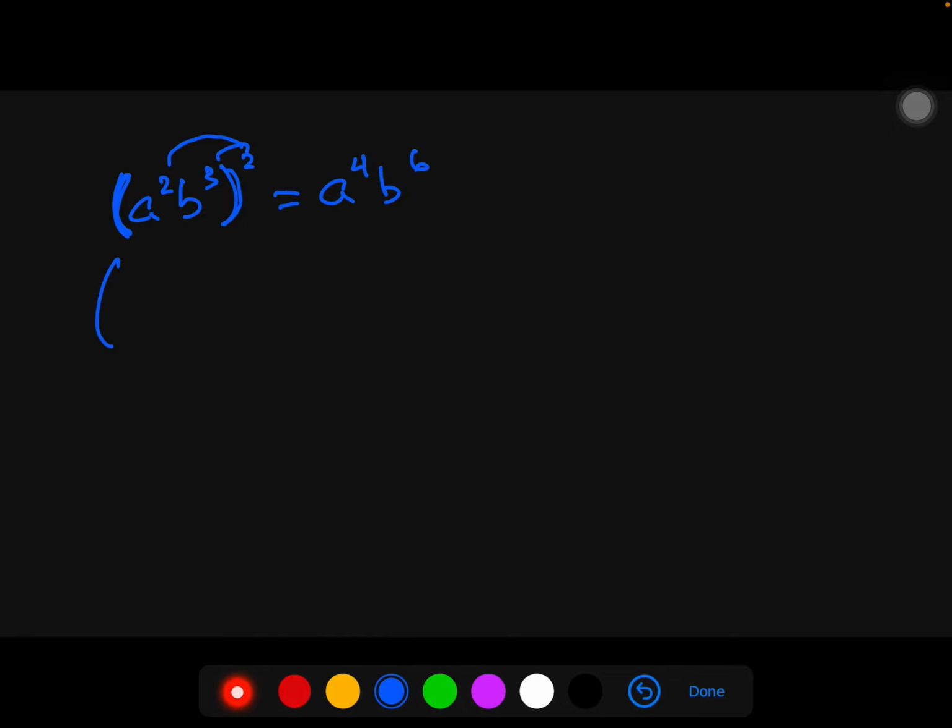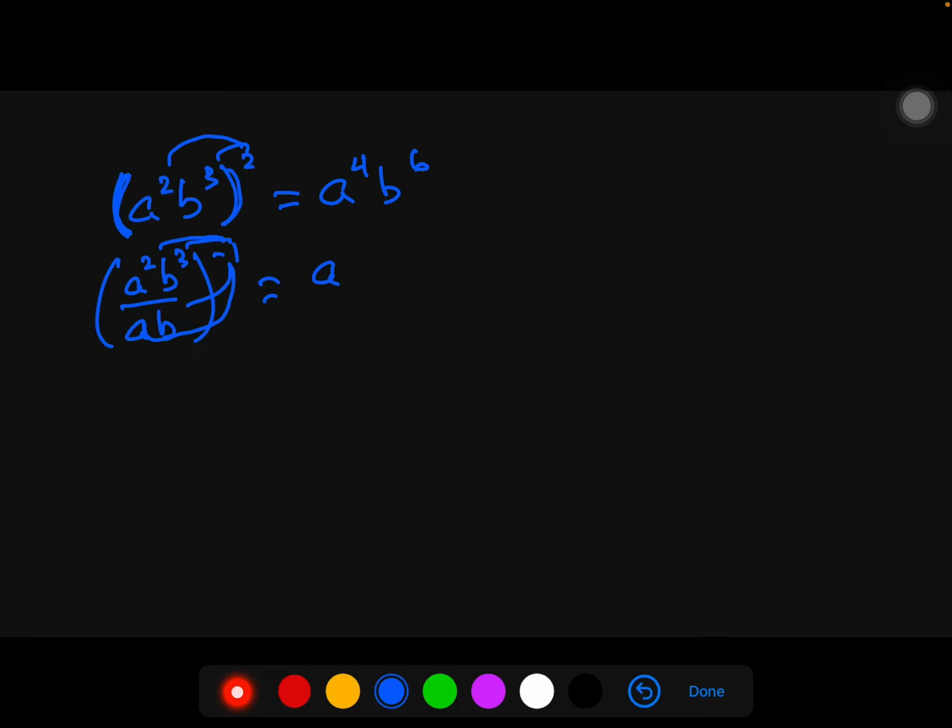Likewise, if we have a quotient in the middle, a squared b cubed over ab, and that's all raised to some power, say -1. Then we're going to distribute that exponent to both the top and the bottom, and we're going to be multiplying those exponents.